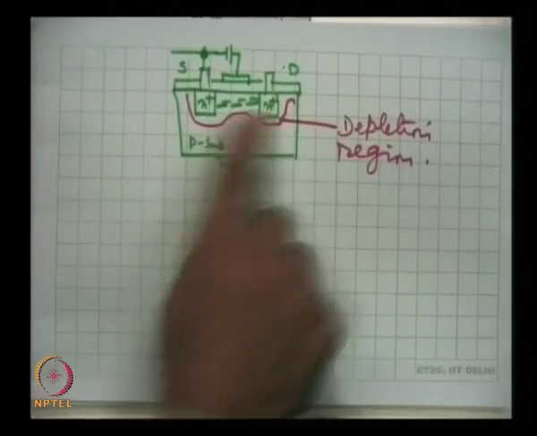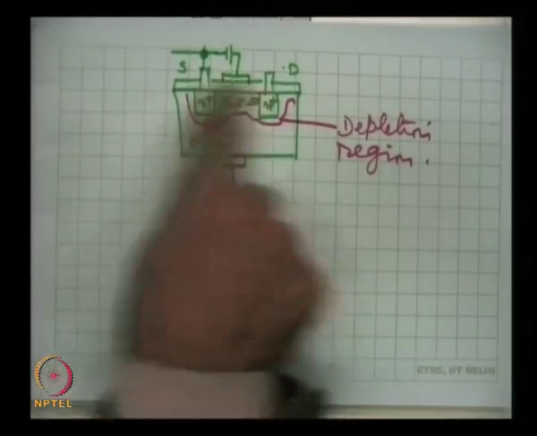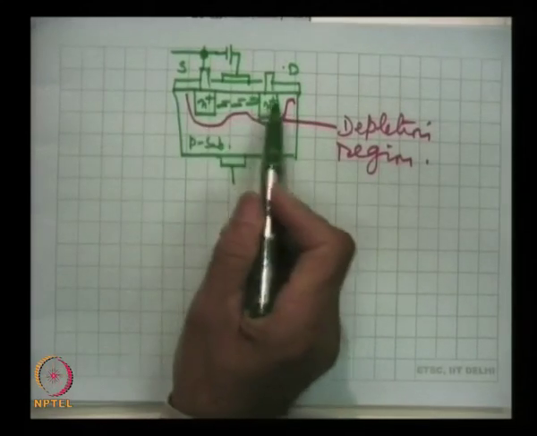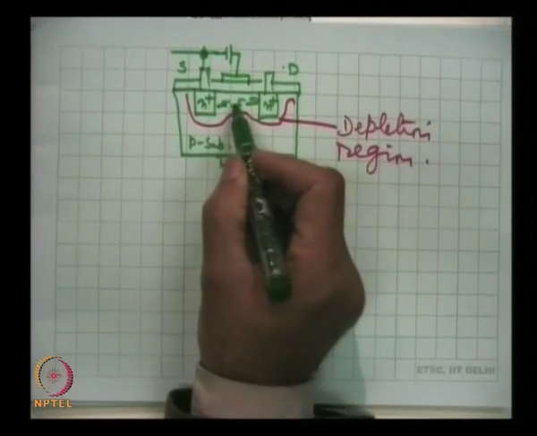The depletion region is devoid of mobile charges and it is a high resistivity region. So, this high resistivity region separates the active region of the device. This is the active region of the device. This is of course the channel.